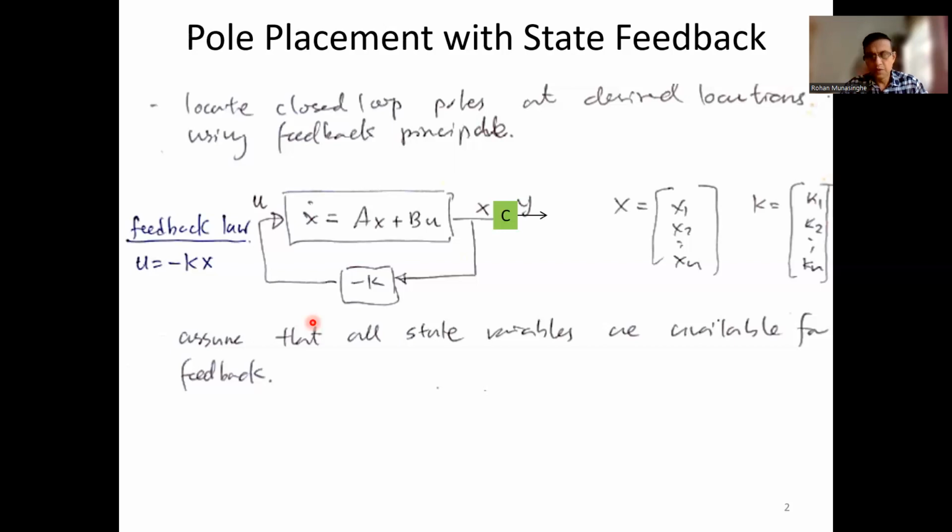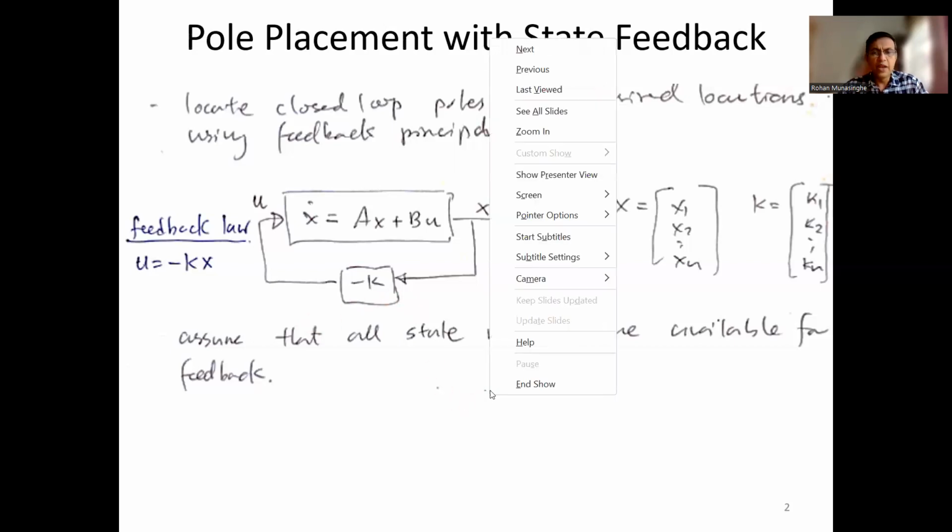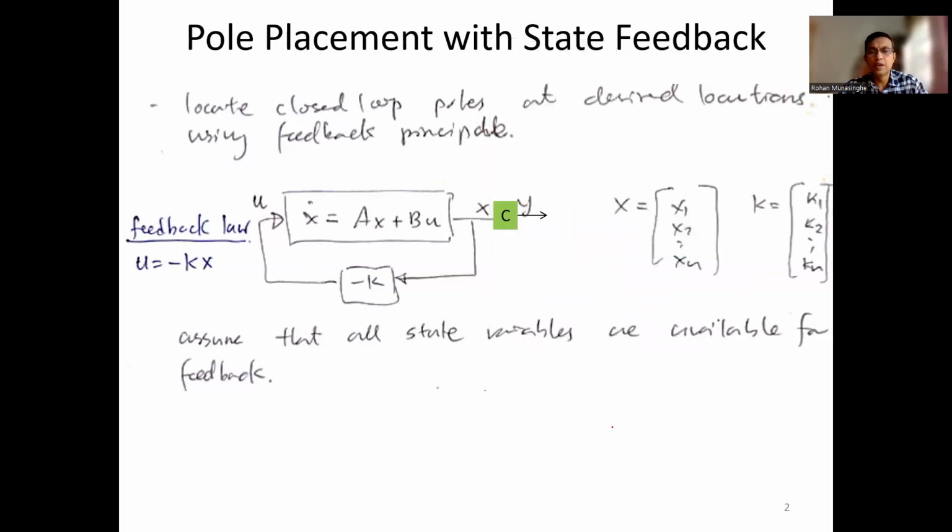If you look at what we had earlier, it's like this: reference, this is R, this is Y, remember? And this is E. Now you don't have any of these things. You have Y directly going into the block. So this is the block, controller. Now here we don't have anything. You have the plant.